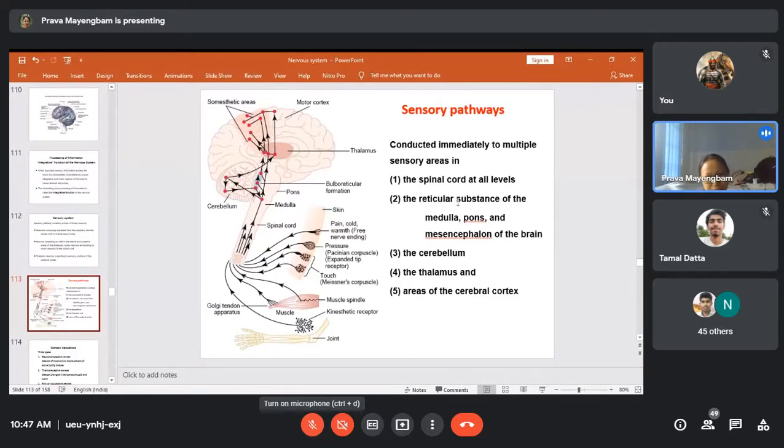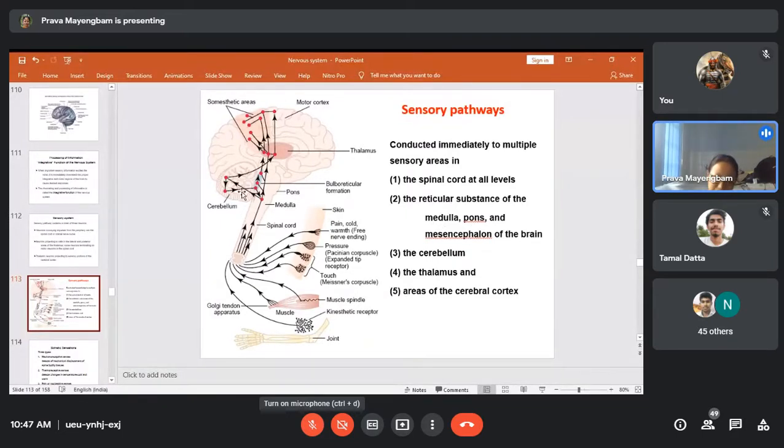Then they go to the reticular substance of the medulla, then the pons and mesencephalon of the brain.